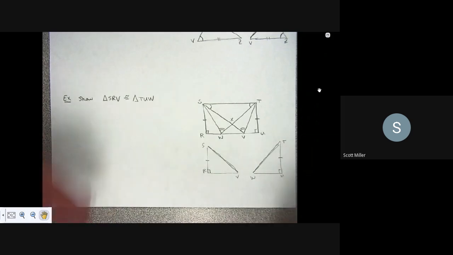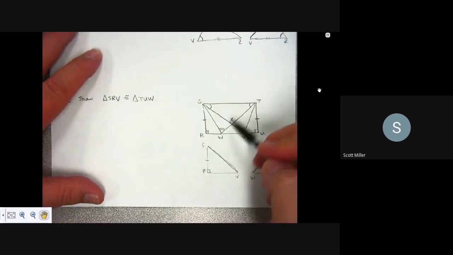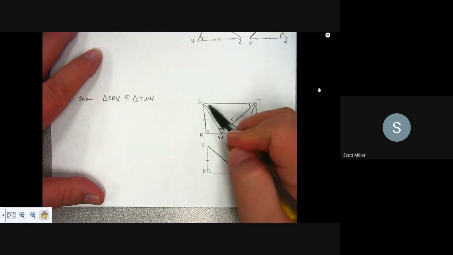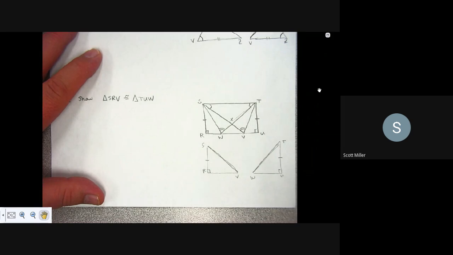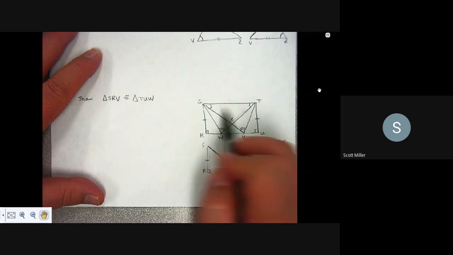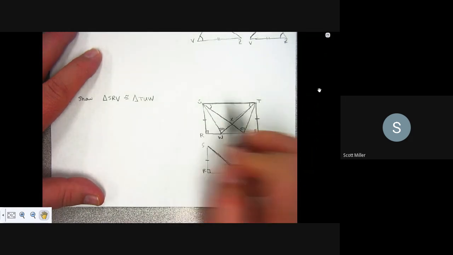Okay, with that clarity in mind now, I can come and look over here and see in this mess in the middle, I have this triangle and I have this triangle. And if you look closely at it, you'll notice that I already have two angles congruent in that triangle. So all I need is some side. And sure enough, those two triangles share that side right there.